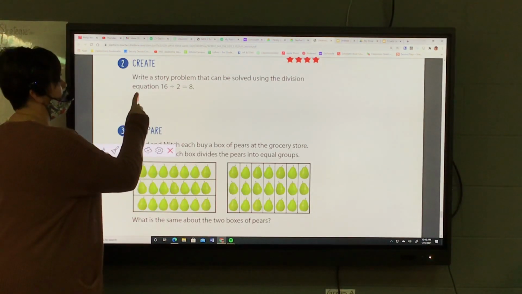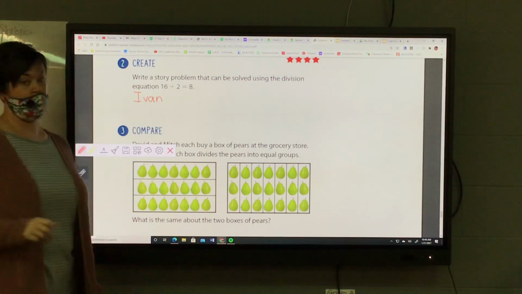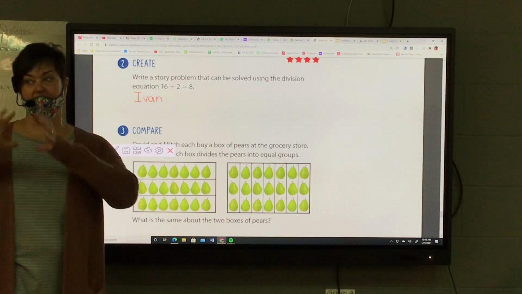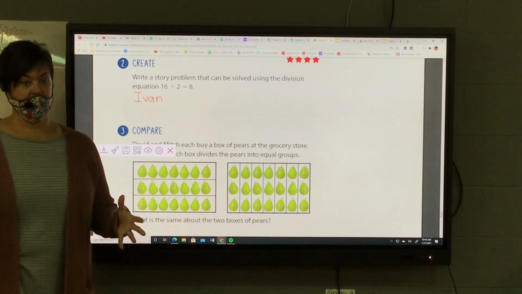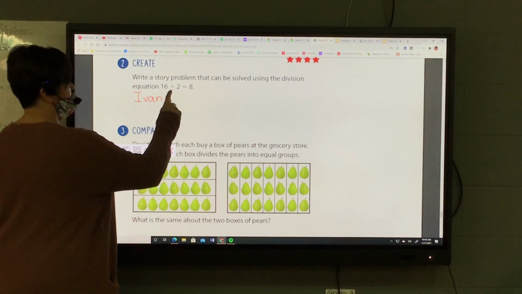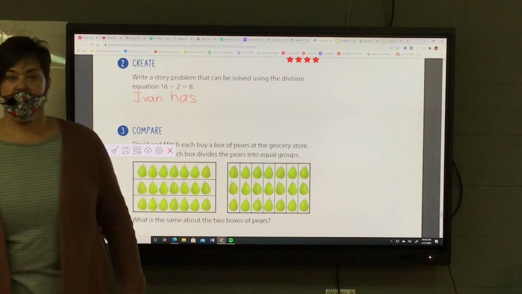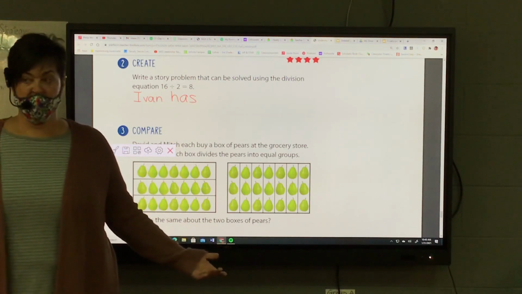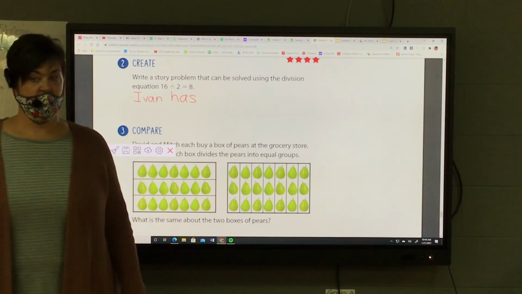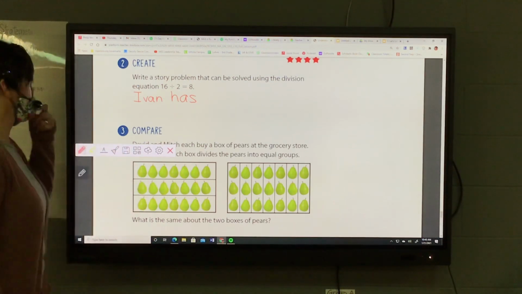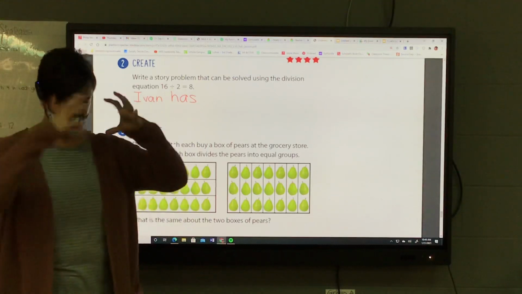So we're going to say Ivan, now we're dividing. So we need to start out with how many we have in all first. Ivan has crayons? Do you want to do banana peels or crayons? Crayons? Okay, we'll do crayons. So Ivan has how many total crayons? 16.